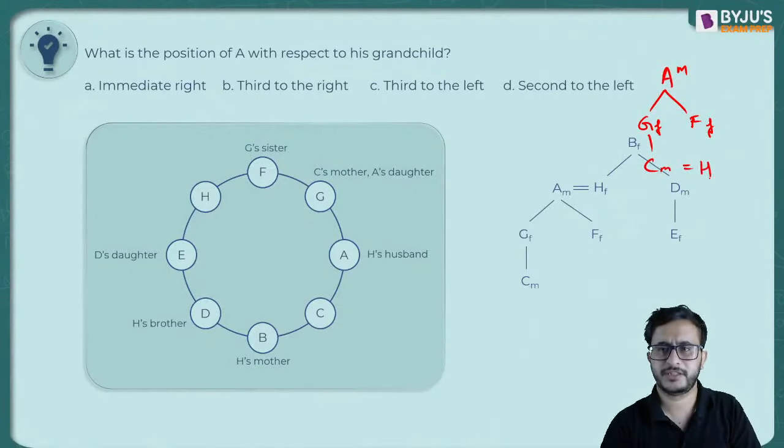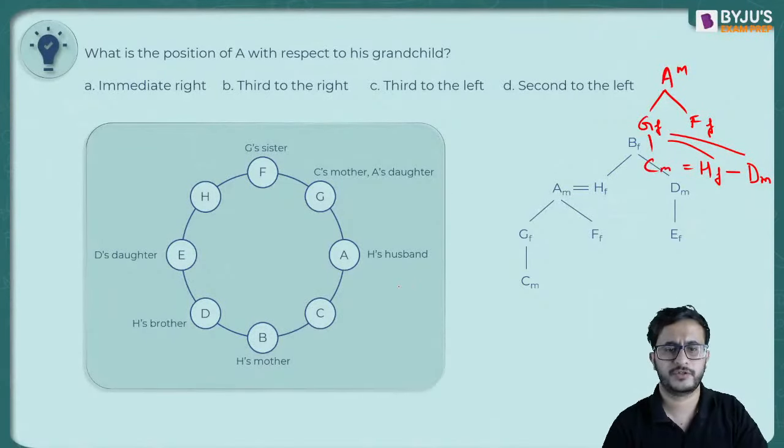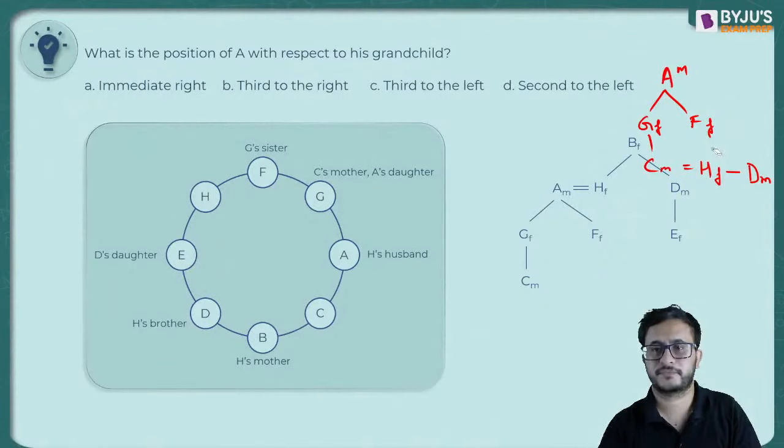Suppose I take H and D, so they both will be child of G. No, it will not be child of C. So that will give us 1 person here, 1 person here. Okay, so let us try with that. Maybe we excluded that possibility. So B and E will still be left.